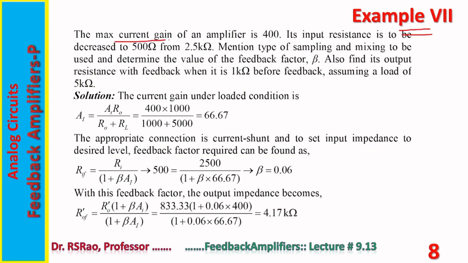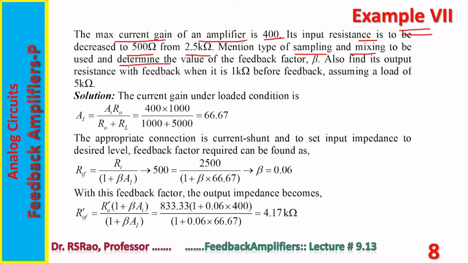Example 7, another problem. The maximum current gain of an amplifier is 400. Its input resistance is to be decreased to 500 ohms from 2.5 kilo ohms. Mention type of sampling and mixing to be used and determine the value of the feedback factor beta.